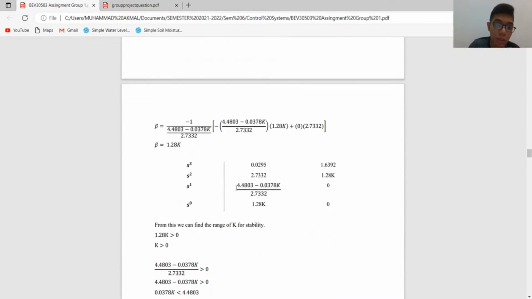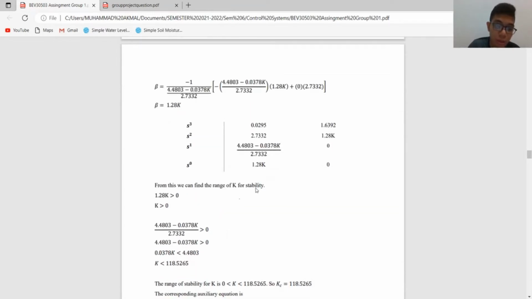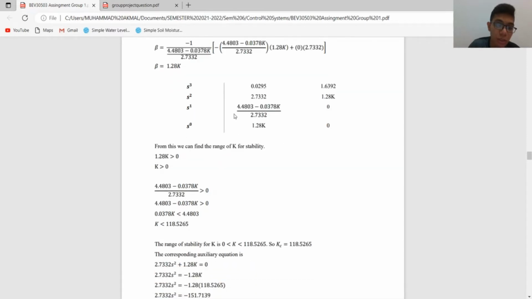So this is the complete Routh-Hurwitz array. And then we can find the range of stability for K. So first we use 1.28K is bigger than 0, so K is bigger than 0. And then we use this equation: 4.4803 minus 0.0378K over 2.7332 is bigger than 0.